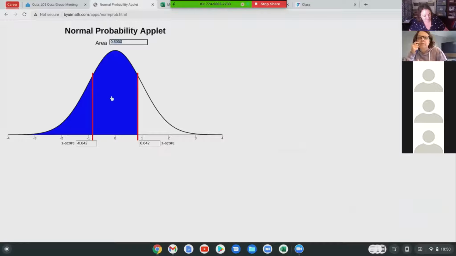What's nice about this is if you highlight the correct area first, and then you enter the area, say 0.65, it changes. So we get the z-score from that. If we enter 0.8, we get that z-score, which falls right here at 0.842. Yep. Okay, so we're going to enter that on one side of our equation.